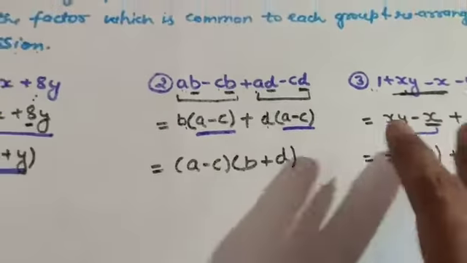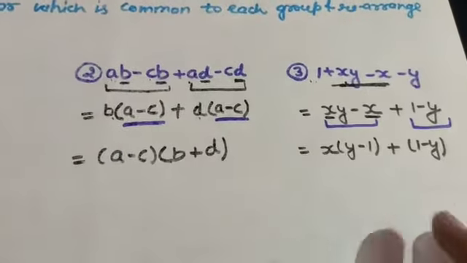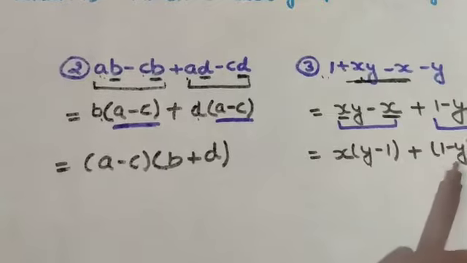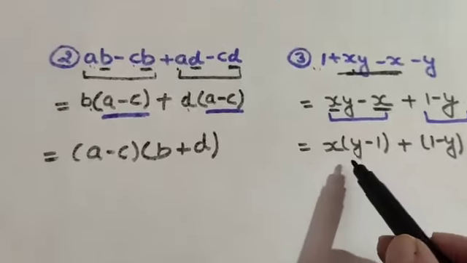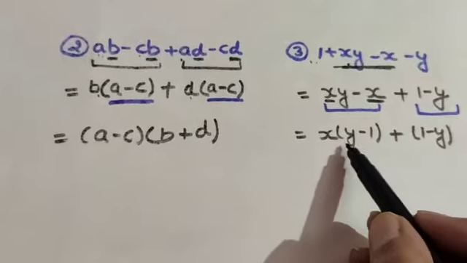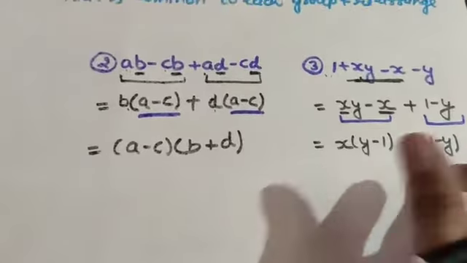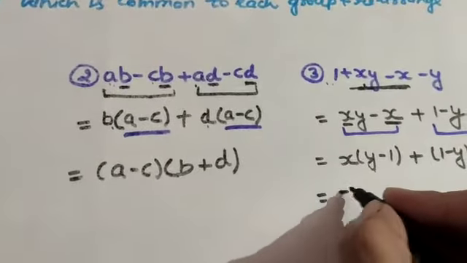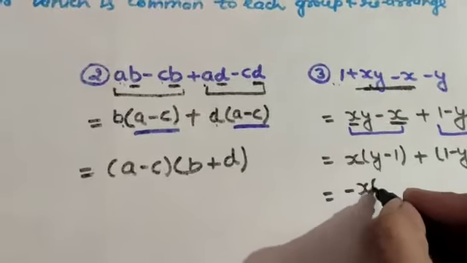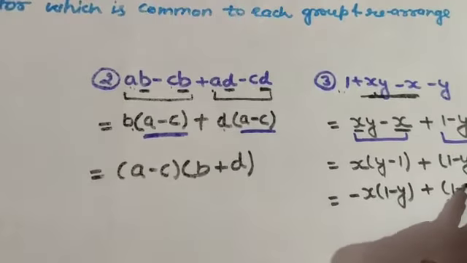Now we have to take out the factor which is common to each group. But here it is y minus 1 and there it is 1 minus y. So we will take out minus 1 as common from this group such that 1 minus y is common to each group. When we take out the minus sign, in the bracket it will become 1 minus y.